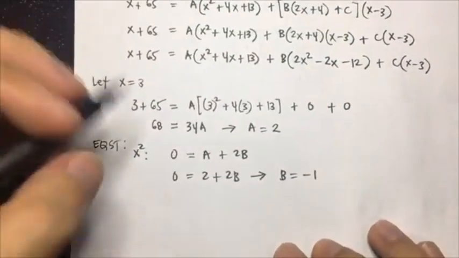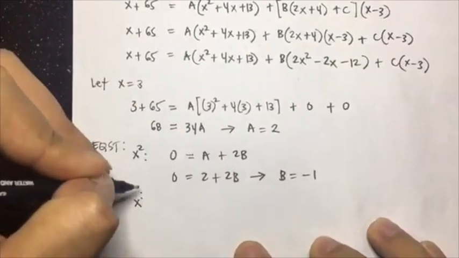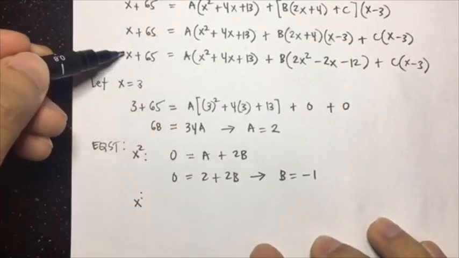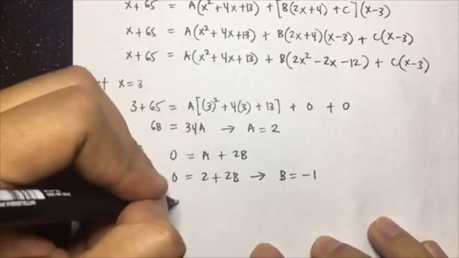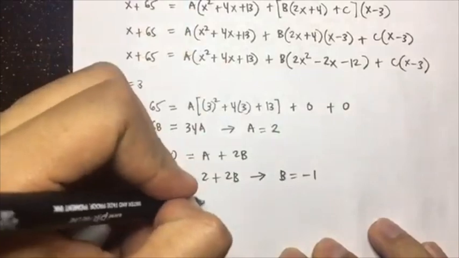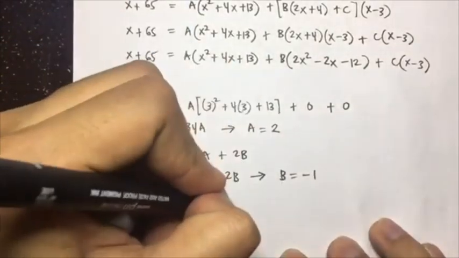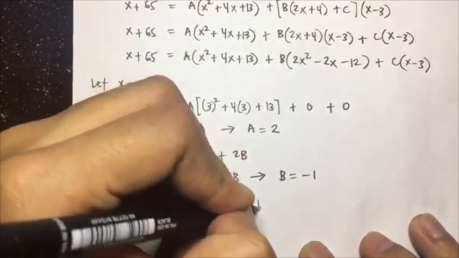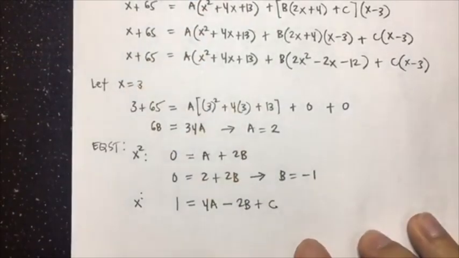How about for x? On the left side, we have 1 is equal to 4a minus 2b plus c.